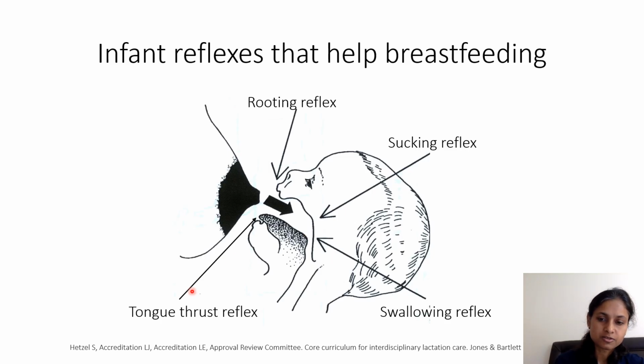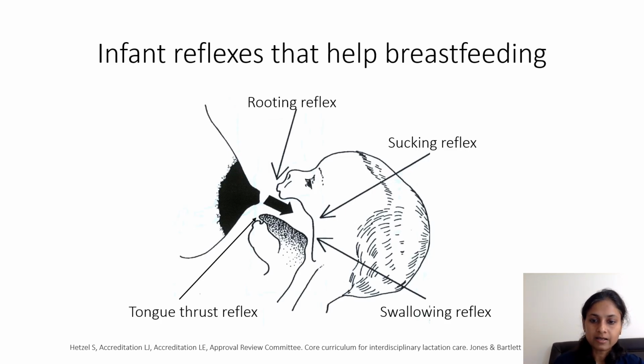The tongue thrust reflex is when the baby thrusts the tongue out to grasp the nipple areolar complex, and this is very important, as you will see in the next slide, for the peristaltic action of the tongue to extract the milk from the breast. All these reflexes disappear around 5 to 6 months, helping the baby transition better to complementary foods.